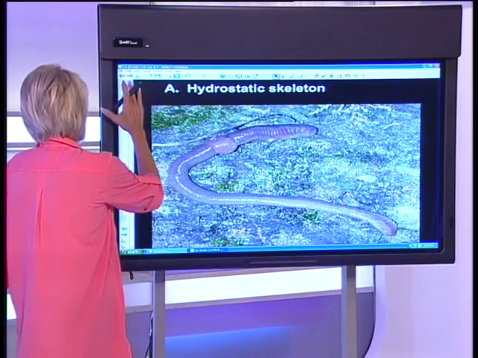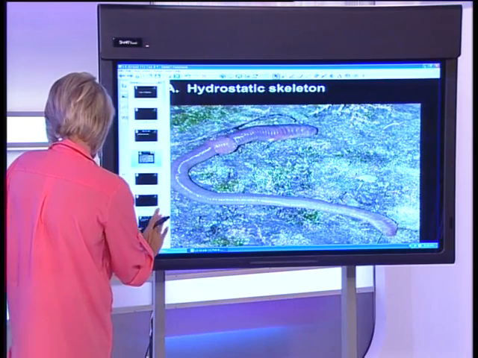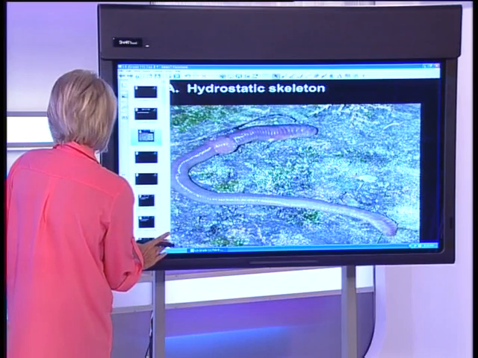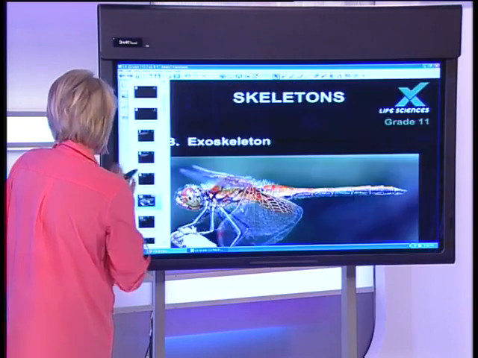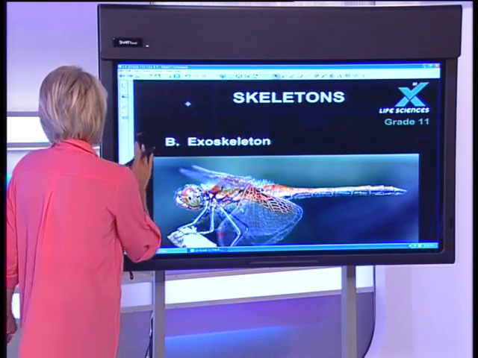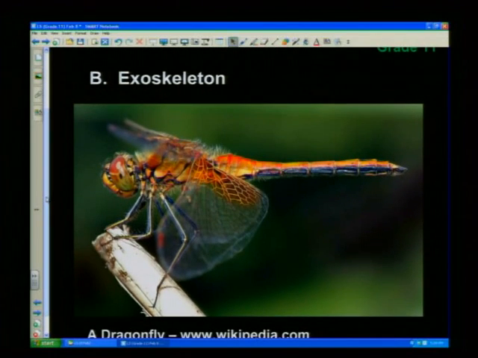Okay, moving along. We then go to our next little structure. Let's just see, but where's my picture? Okay, the next one would be your exoskeleton. Endo, people, always means inside.